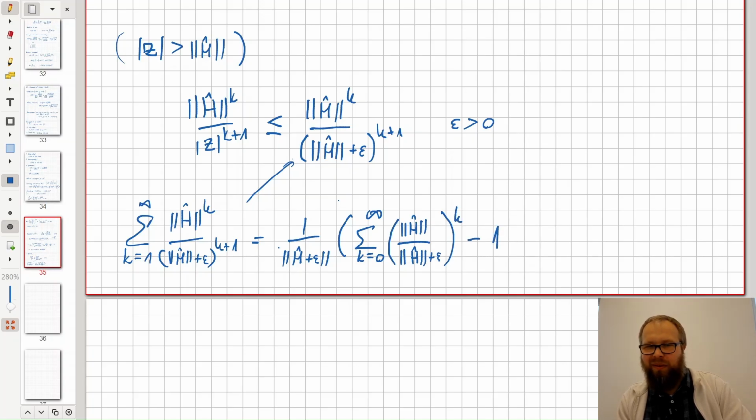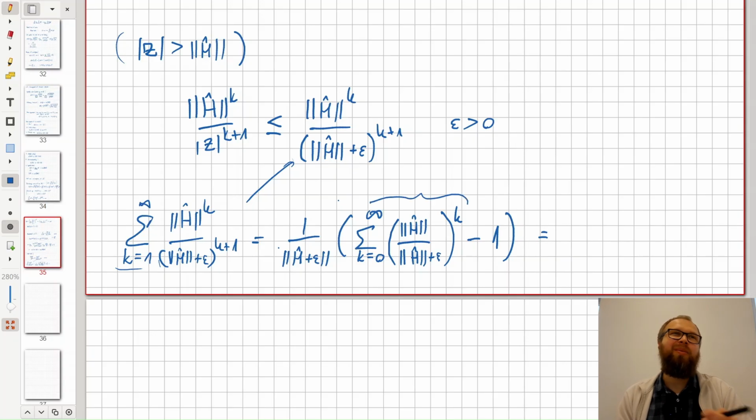And I also have to add and subtract 1, because I'm starting my sum from k equal 1. And this is a geometric series with a common ratio that's smaller than 1, evidently.